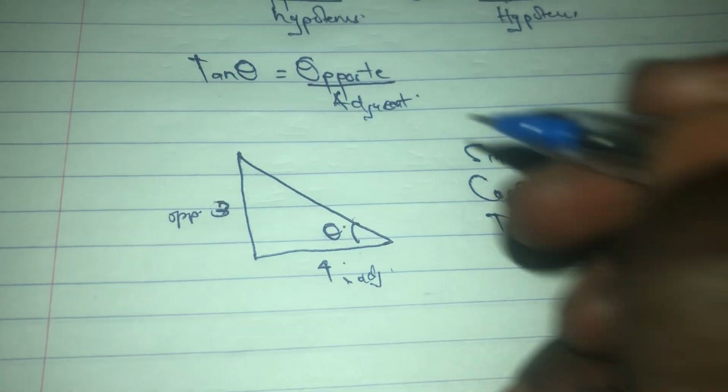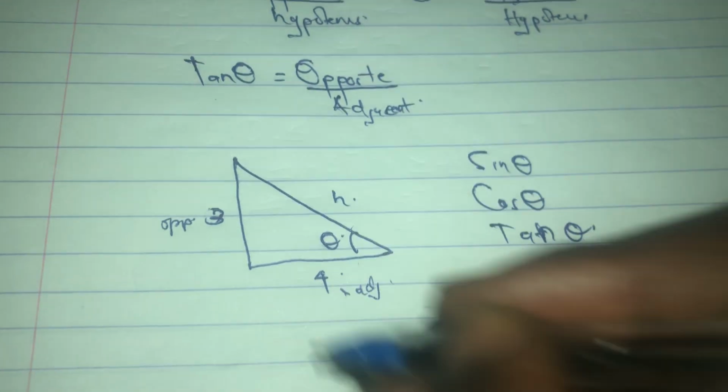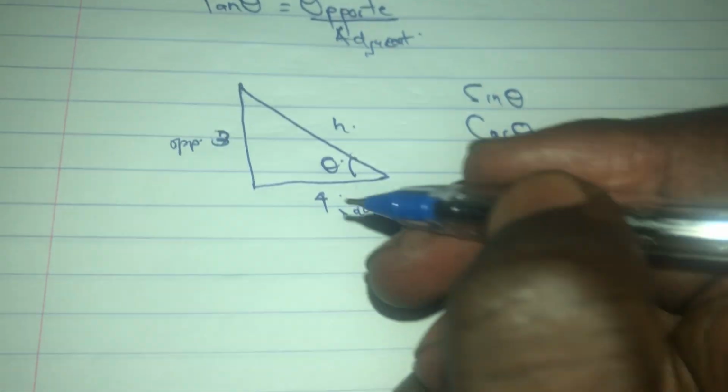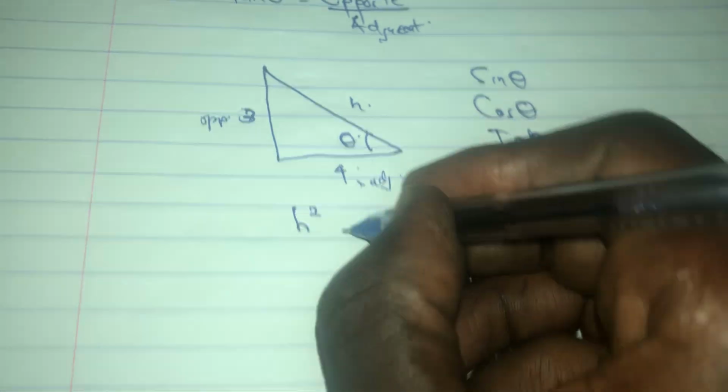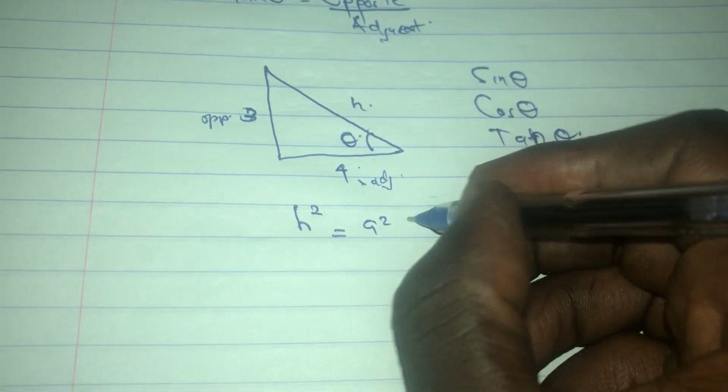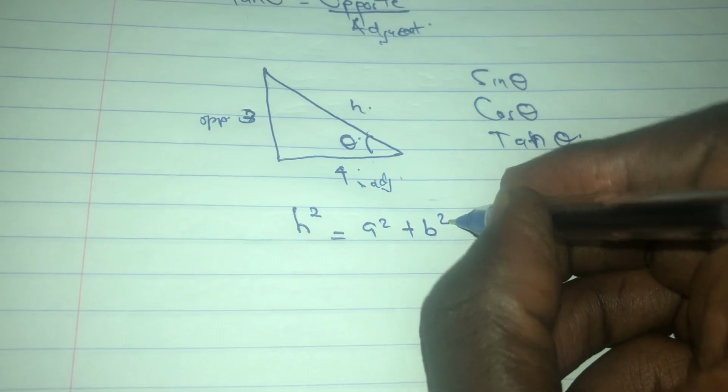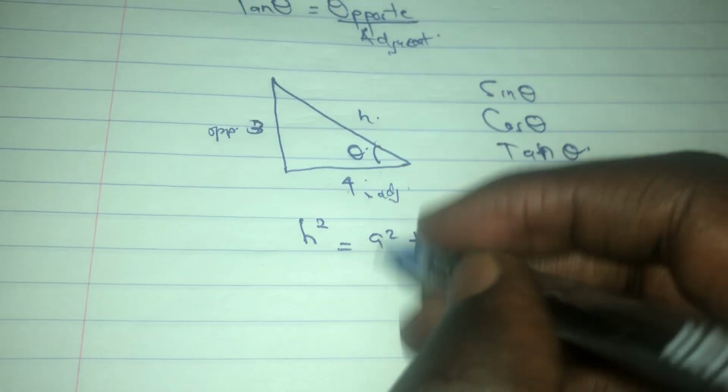But if you don't have the hypotenuse h, the formula for finding the hypotenuse can be gotten through what we call the Pythagoras theorem, which is h squared equals a squared plus b squared. This is a, this is b for this case.